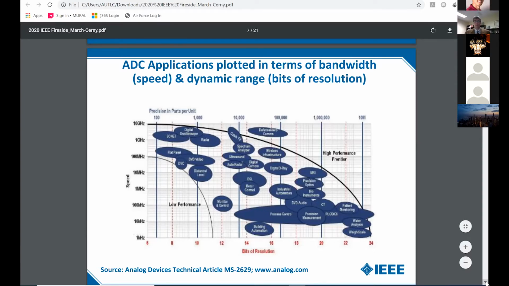So the analog to digital converters and the digital to analog converters have served many purposes over the years, and that's fairly evident from this view graph. And of course, they are made for various applications, as I had said earlier. All right.